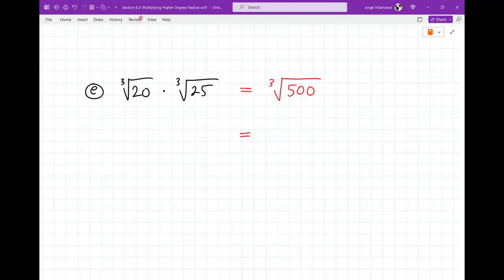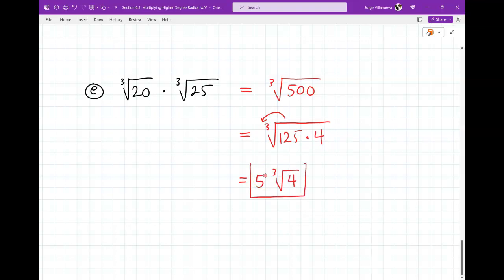I'll tell you right now, 125 does it 4 times. 4 times 125 is 500. And I know that 125 has a cubed root. What's the cubed root of 125? Not 25. It's 5. Yeah, it's 5. So it's 5 cubed root of 4. There is no cubed root of 4, so that's done.